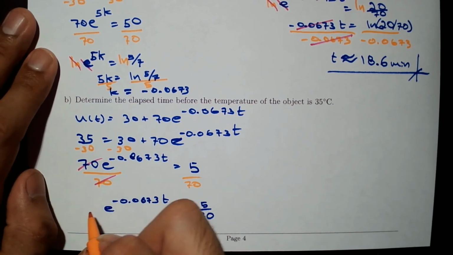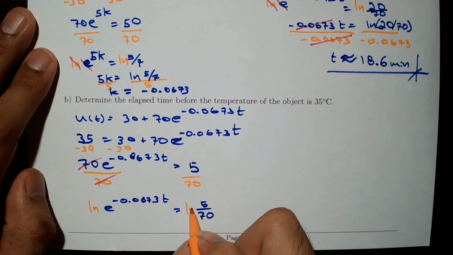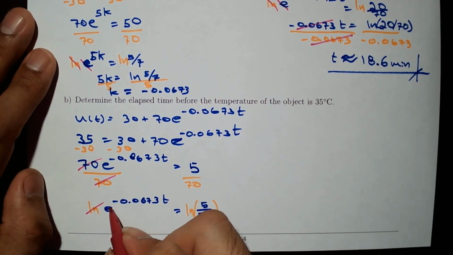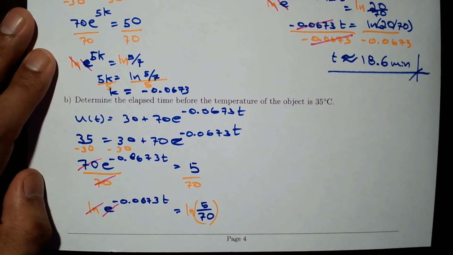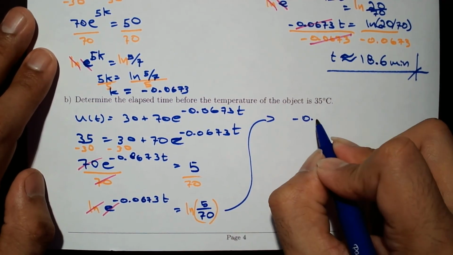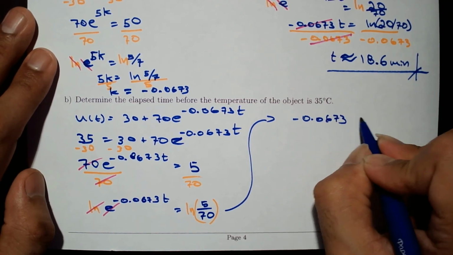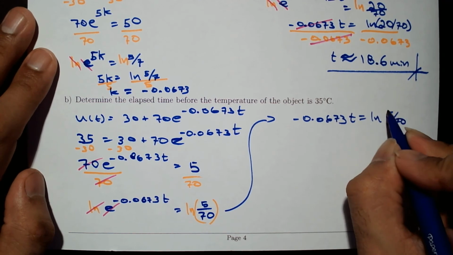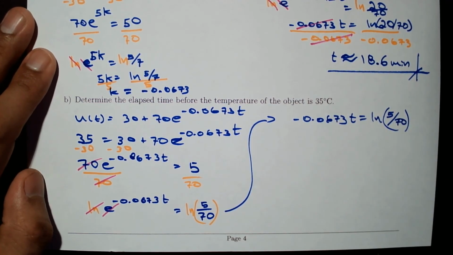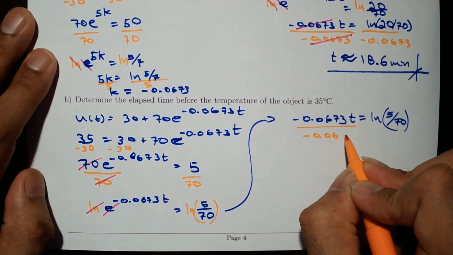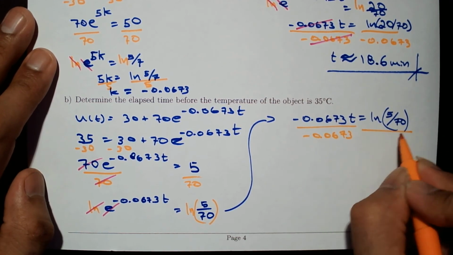And then take ln to both sides. Okay. Cancel ln with e. And that's going to give us negative 0.0673t equals ln of 5 over 70. And all we do is finally divide both sides by 0.0673.